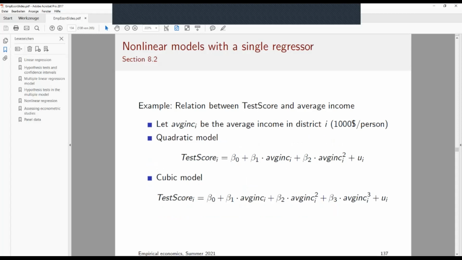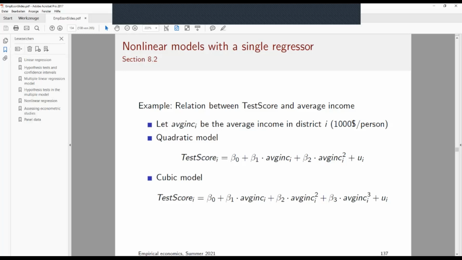Let's look at an example, Mr. Trede showed you before, namely that we look at the influence of the average income in a district, measured in $10,000s per person, thousands of dollars per person, and we're looking at the effect of that income on the test score. We can look at two models here.